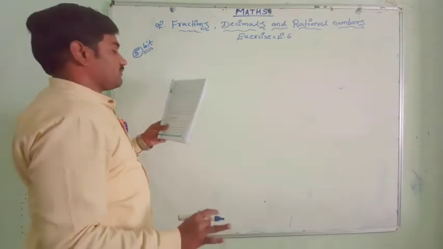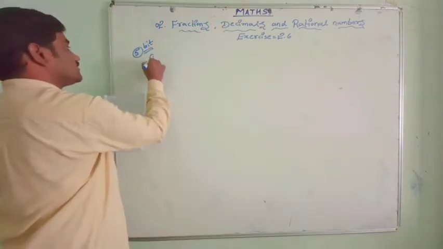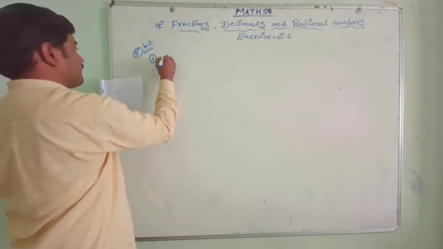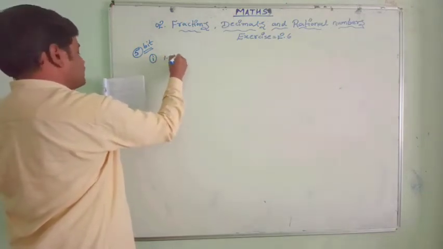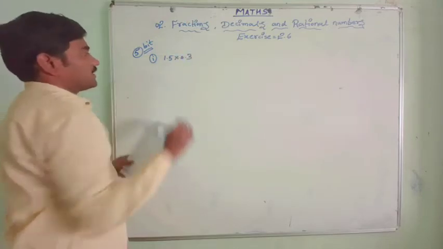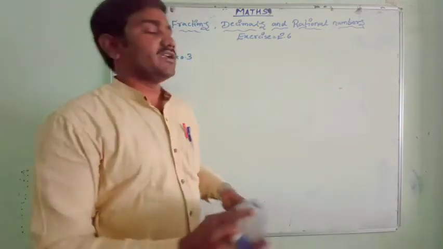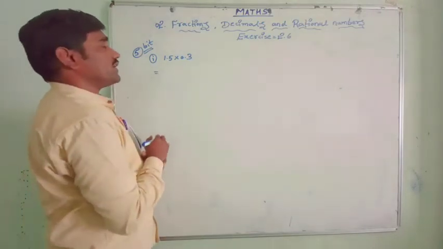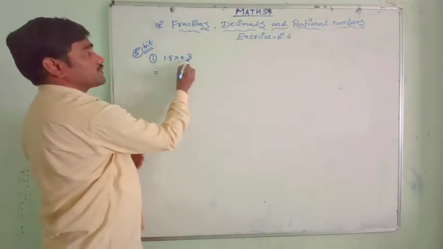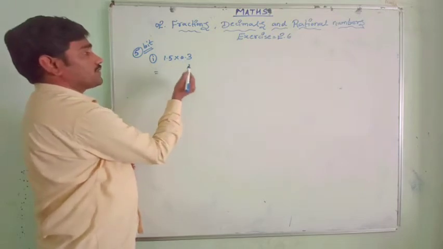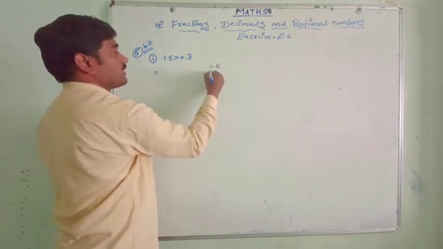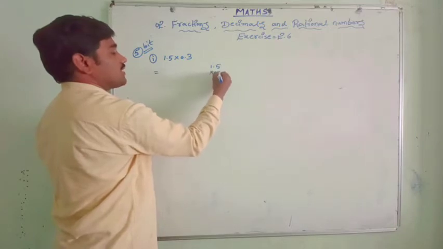The fifth bit. Solve the following. Again simple. The first question here, 1.5 into 0.3. Let us multiply this 1.5 into 0.3. Simple. In the rough work, you do it. 1.5 into 0.3.